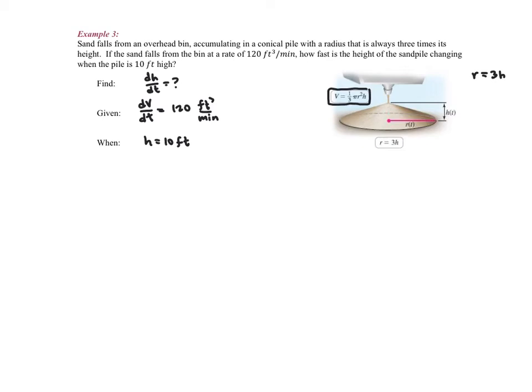Okay, so let's look at volume quick. Volume of a cone is 1/3 pi r squared times h. Now r is kind of irrelevant within the context of what we want to find, what we're given, and when. So I want to sub in 3h for r. I want to make volume in terms of height only.